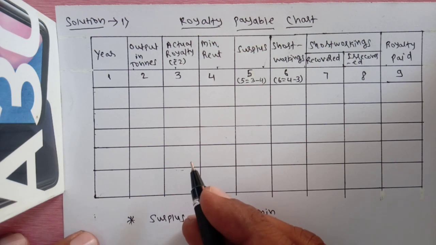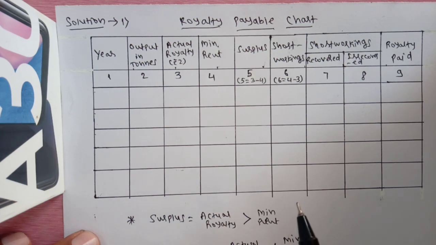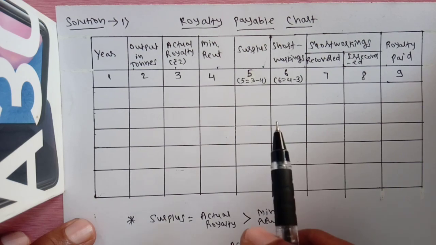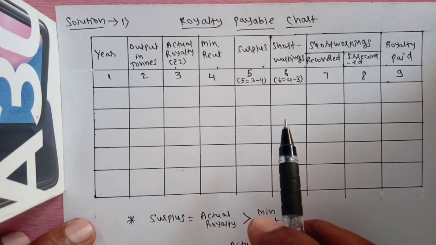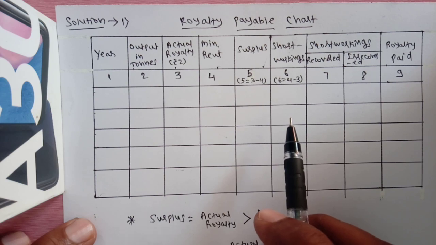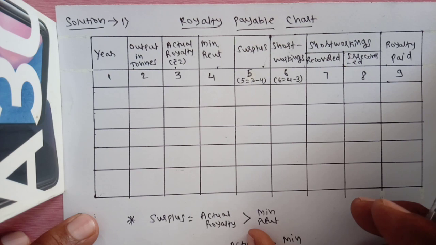And now this is the chart which is generally used for calculation of royalty paid. The format of this chart differs from book to book and author to author, and there is no standard format. But generally these are the 9 columns which are used for the calculation of royalty paid.